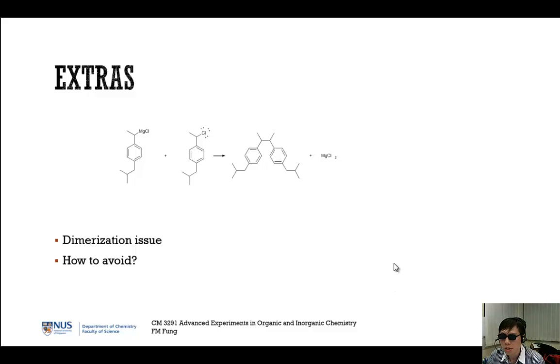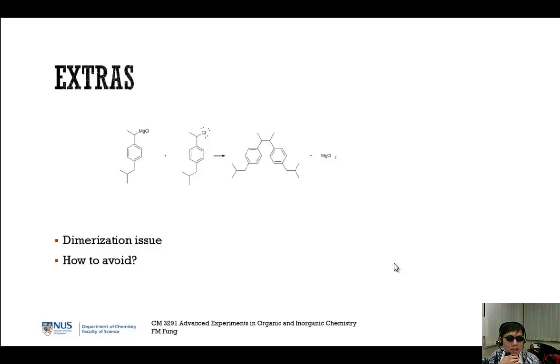Okay, so here are some little extras for you. So I will show you in the mechanism, right, that you form the Grignard reagent. Did anybody think of any possible side products that could be formed? Okay. Now this is where it comes in handy if in the future you are going to perform any organic synthesis.